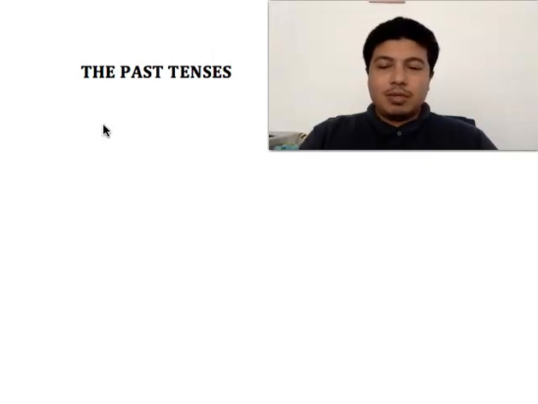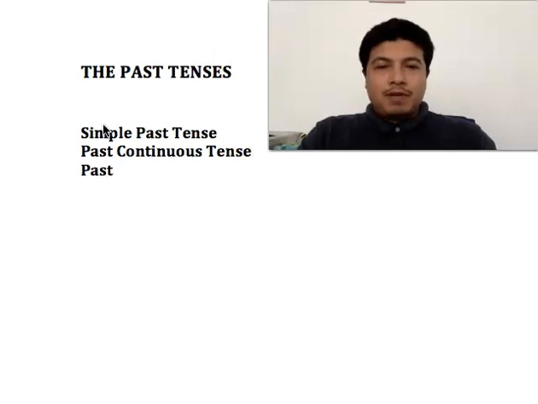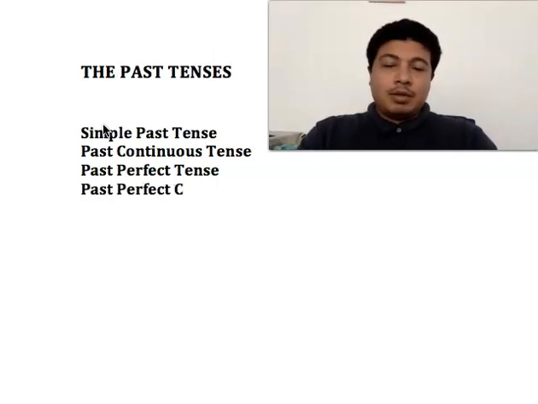So the very first one would be the very common simple past tense, and then we are going to talk about past continuous tense, and then next past perfect tense, and the last one would be past perfect continuous tense.